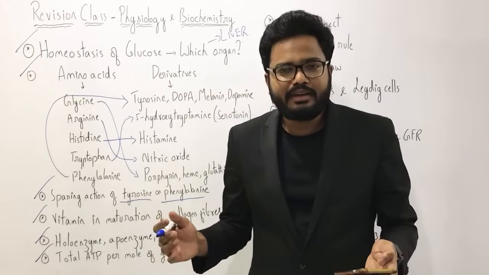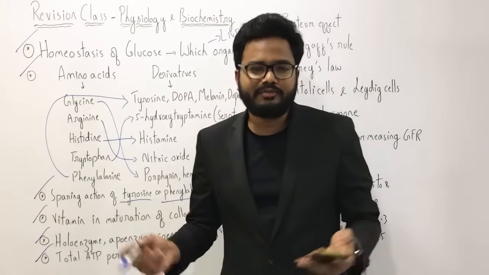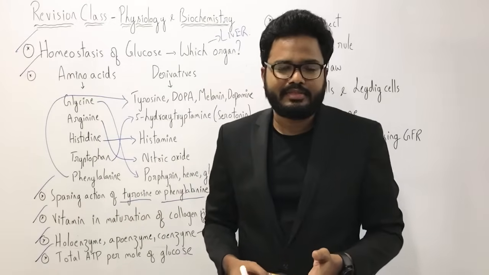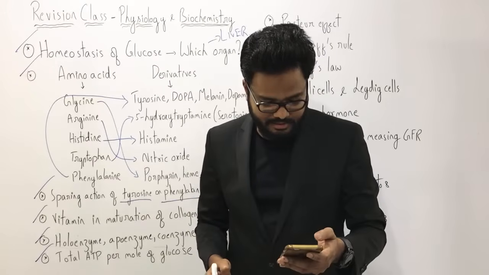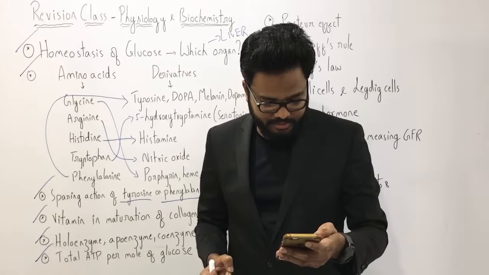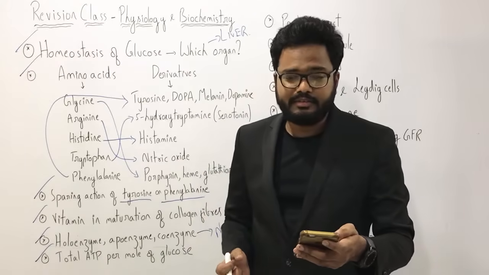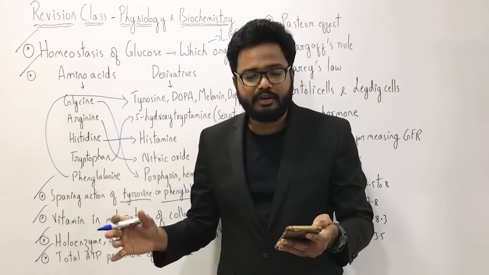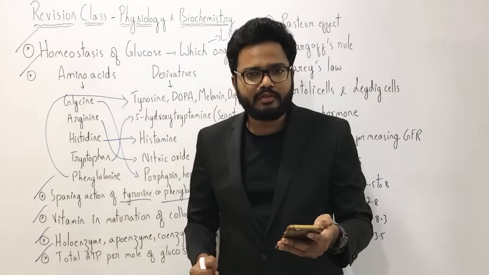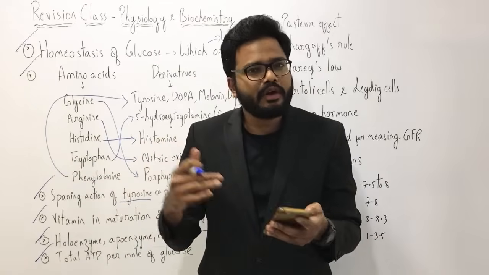How many ATP are generated in the process of Embden-Meyerhof pathway, EMP? Eight. We're talking about total ATP production. 8 ATP in case of Embden-Meyerhof pathway. What about conversion of pyruvate to acetyl-CoA?